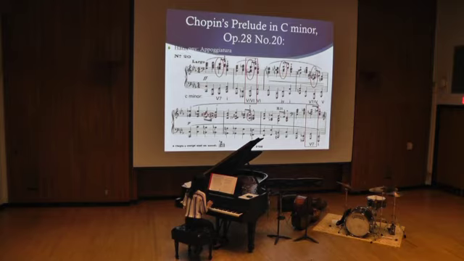And then in measure 8 here, although the melody is the same as measure 2, here Chopin uses the dominant 7th chord, and going back to the C minor chord. However, in measure 2, he's using different chords to create a different color and feeling.